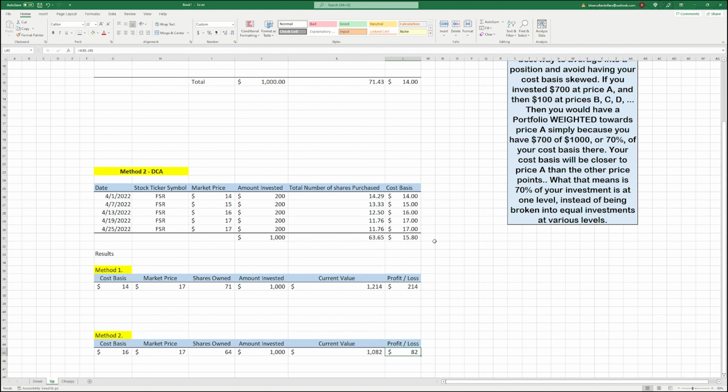You can buy some this month, some next month, some the month after. So if the price point keeps moving all over, you can keep getting a decent average in your position.